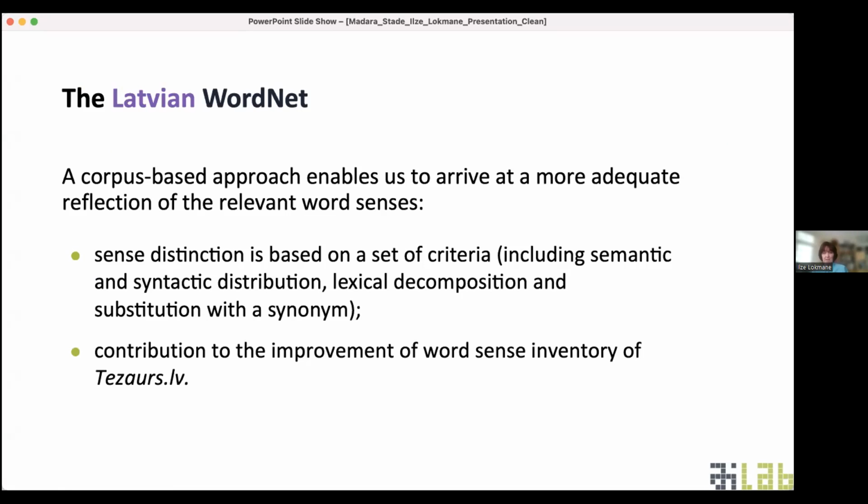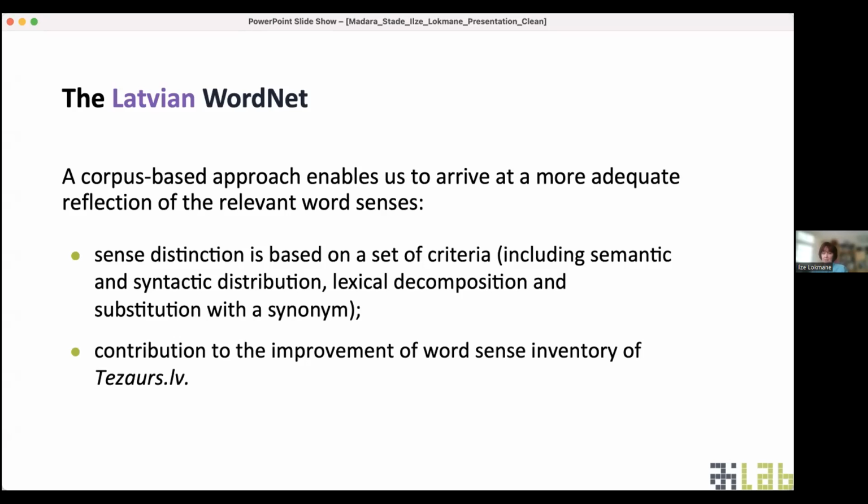And the criteria we chose are as follows: semantic and syntactic distribution. We also used the method of lexical decomposition and the method of substitution with a synonym. It was also difficult to determine how detailed or fine-grained the senses should be, so that the granularity would be similar across all entries.